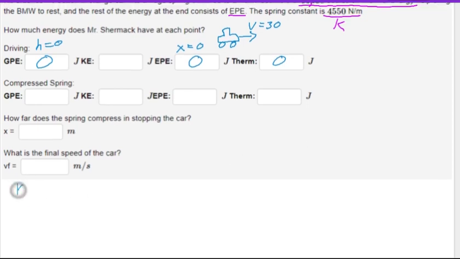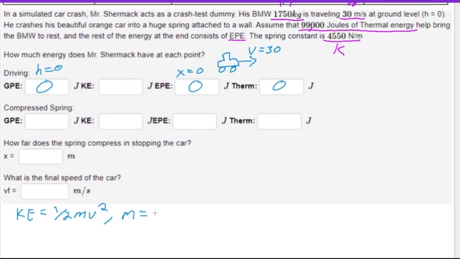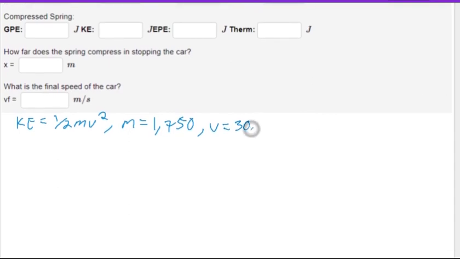We know that kinetic energy is equal to 1/2 mv squared. We said the mass of Mr. Shermack's car is 1,750, and we said that the initial velocity of his car is 30 meters per second. So all we have to do is take these numbers and plug them into our equation. Kinetic energy is equal to 1/2 the mass, 1,750, times the velocity squared, so 30 squared.